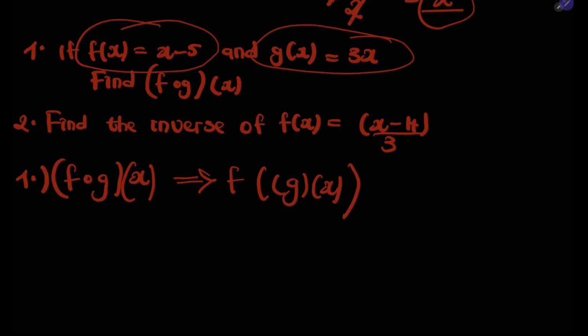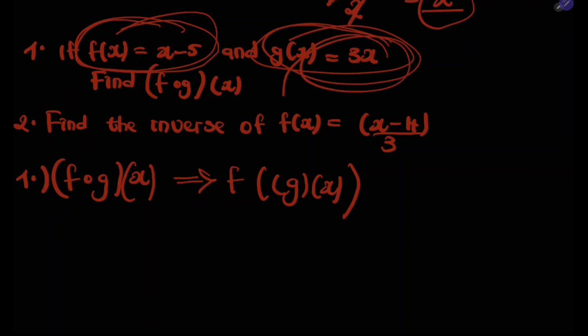So let's start. What is our g of x? Our g of x is 3x. So we are going to substitute it into our f of x. So that gives us 3x minus 5. That simply gives us that. And then that is all for f of g of x.